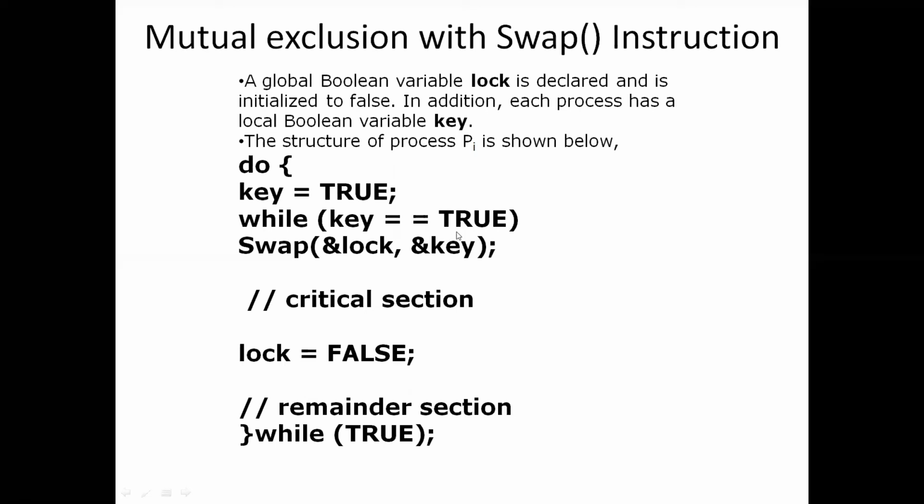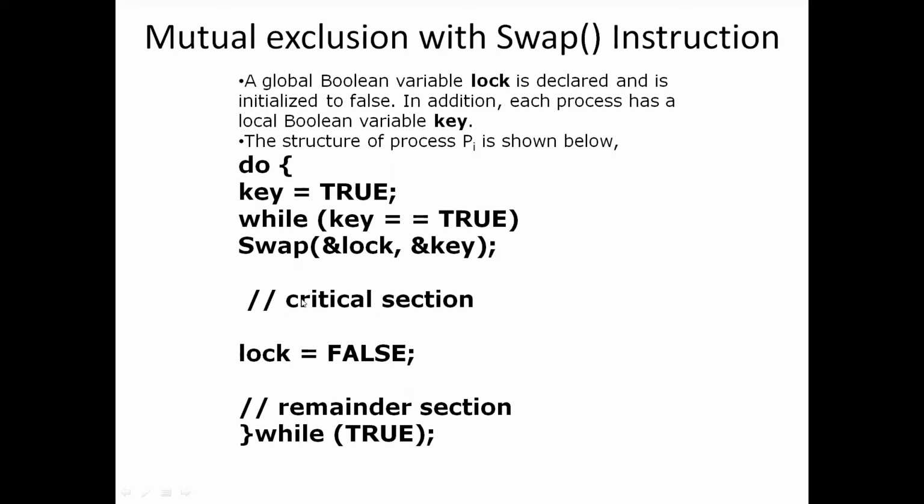Yes, key again holds the true value. So key is equal to true, control will enter this while loop again and execute the swap instruction. Both lock and key are having true values only, so the process will keep on waiting in the while loop until the other process completes its execution in the critical section.